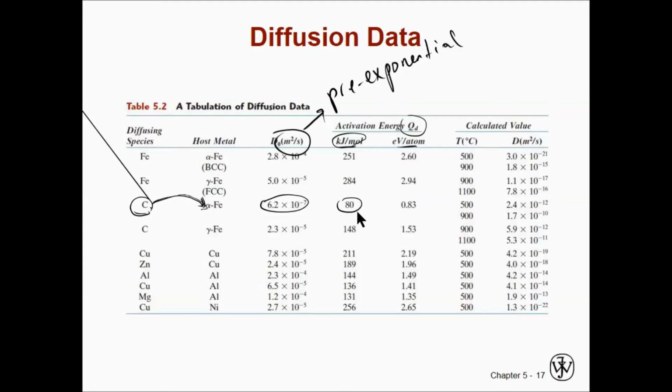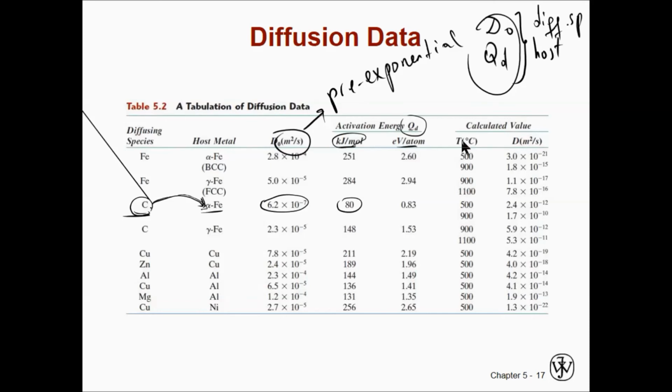That is this energy over here, activation energy. I need 80 kilojoules per mole to move carbon atoms into alpha iron. And again, activation energy depends on these two. So D0 and QD depend on diffusing species and host metal. They don't depend on temperature. So temperature doesn't affect these two.